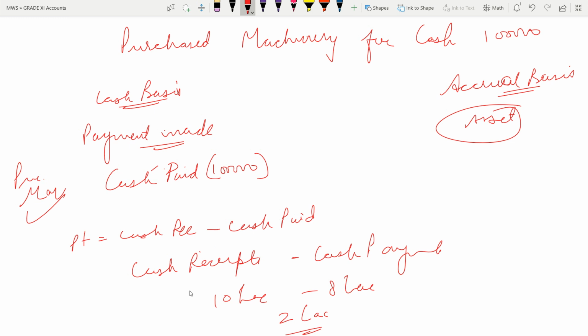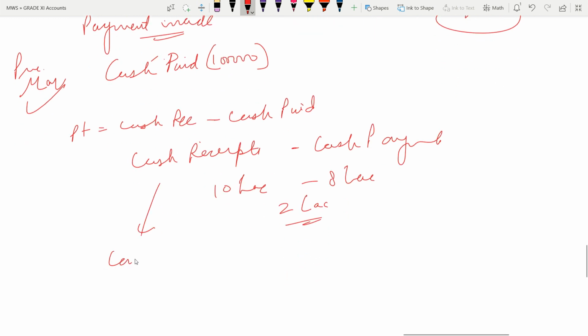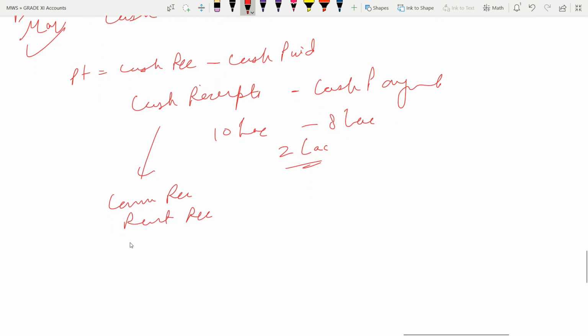But here, all the cash receipts can include commission received, rent received, the sales proceeds, meaning the revenue generated by sales, and machinery sold.